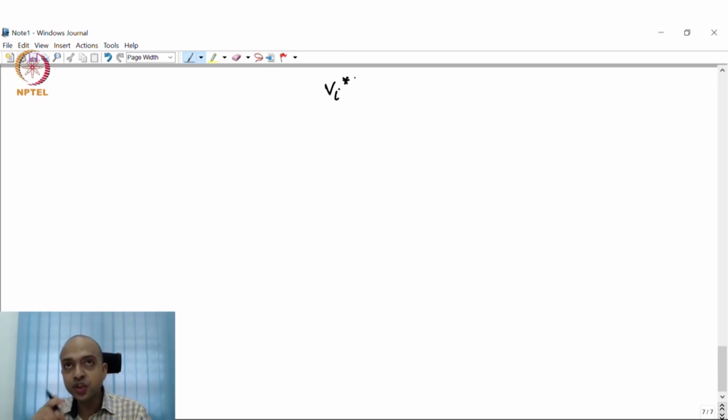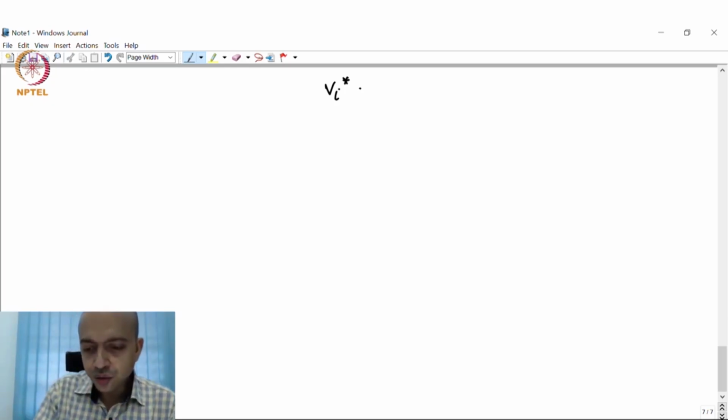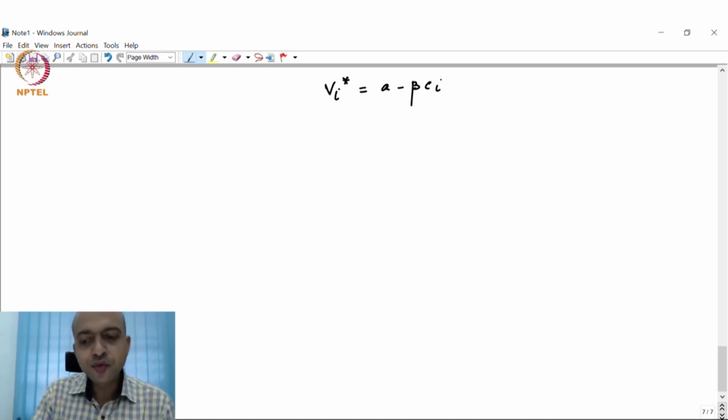This zero is because the amount of cost per trip is not permitting the individual to make a trip. So that's why this vi star, which is basically a minus b ci, is a latent variable. This vi star is unobserved.